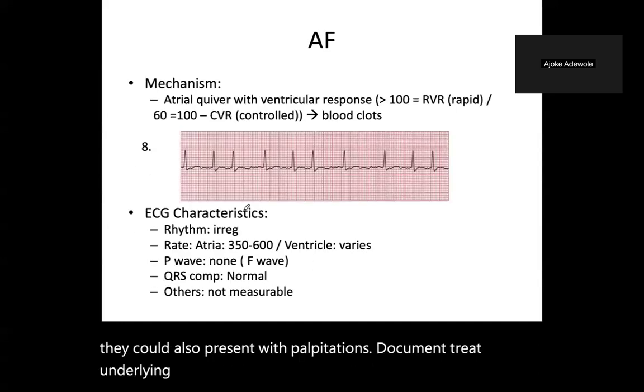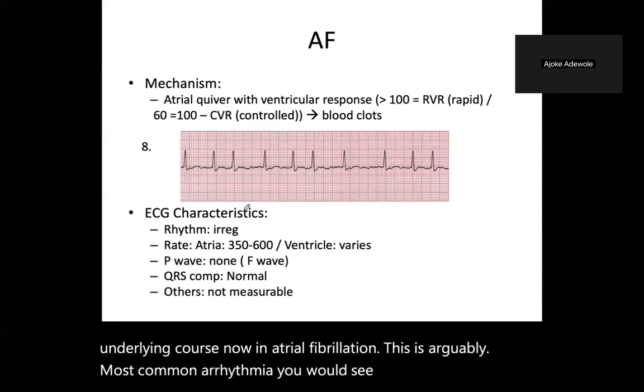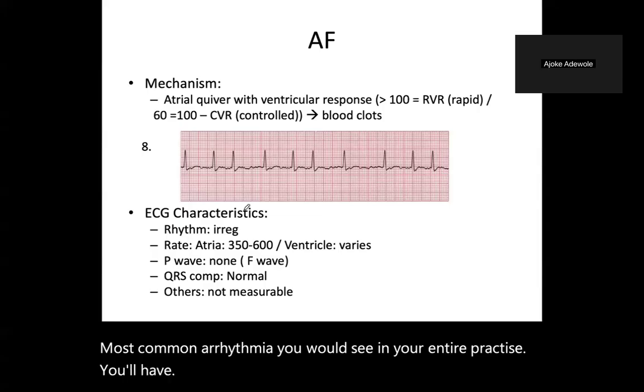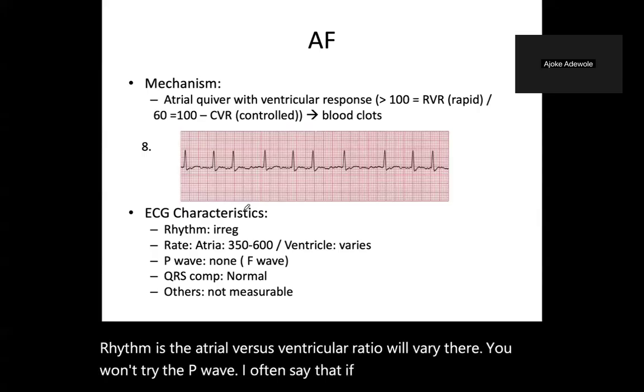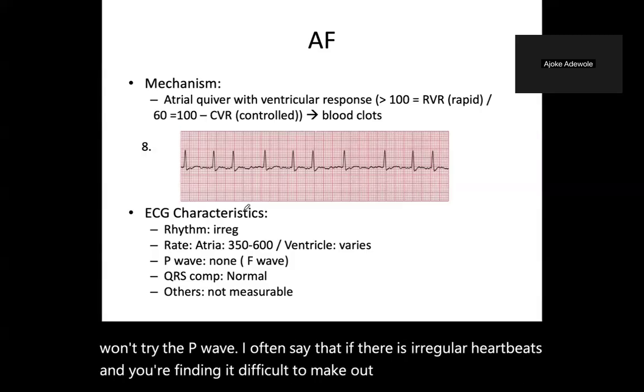Now, atrial fibrillation is arguably the most common arrhythmia you would see in your entire practice. The rhythm is irregular, and the atrial to ventricular ratio will vary. You won't find a P wave. I often say that if there are irregular heartbeats and you're finding it difficult to make out a P wave, don't struggle too much.